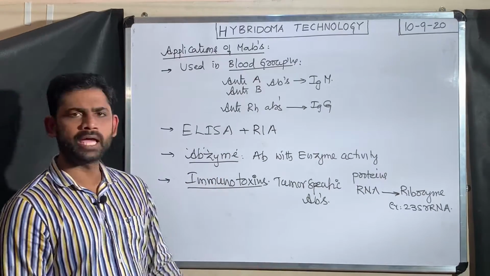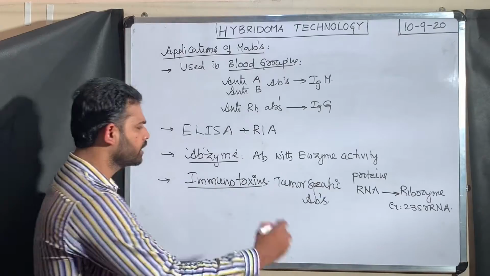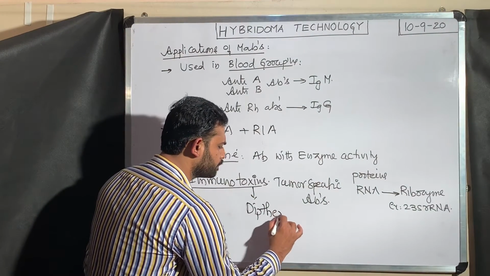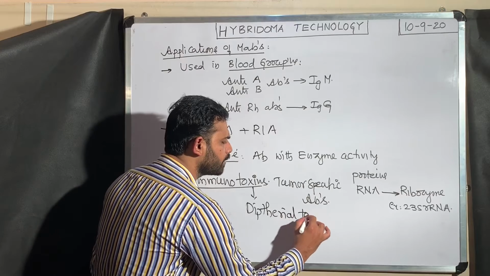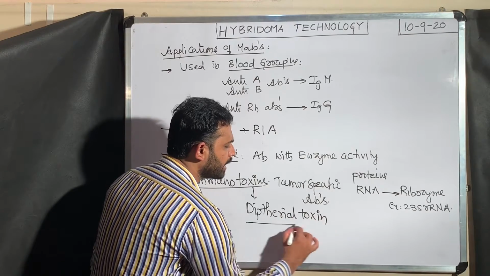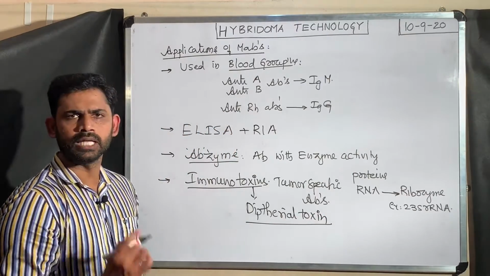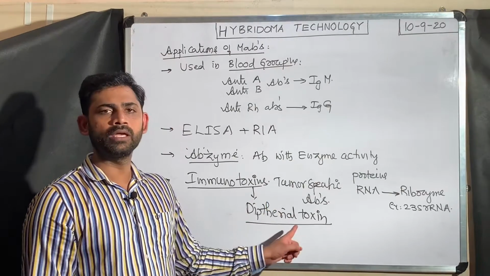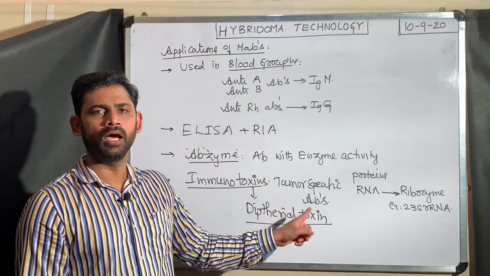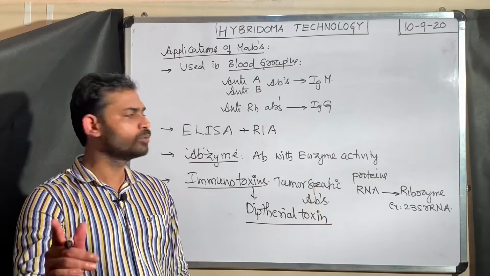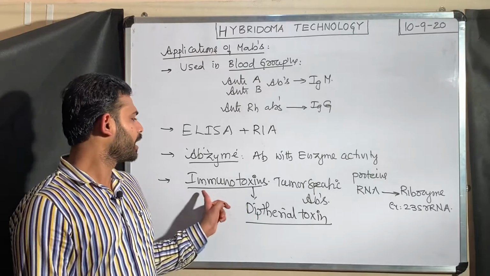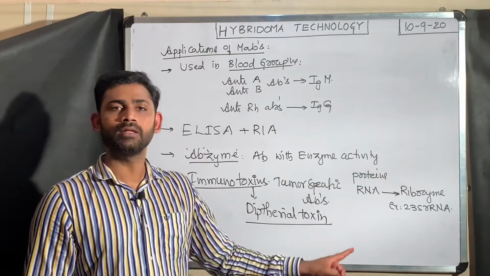The first toxin used in immunotoxins is diphtherial toxin, produced by the bacterium Corynebacterium diphtheriae. This diphtherial toxin is conjugated with the monoclonal antibodies.